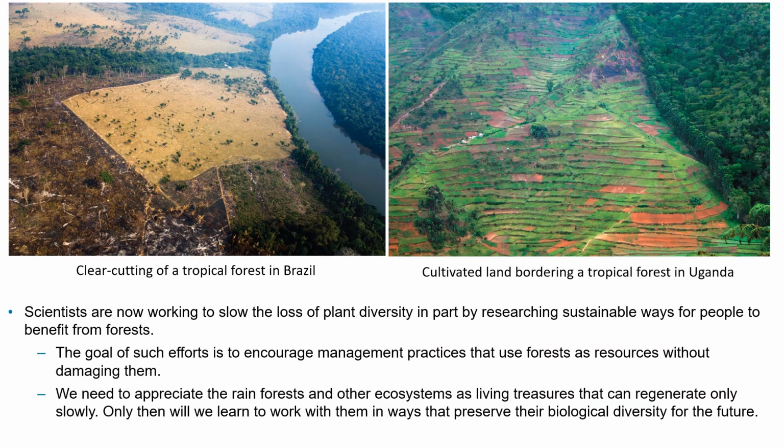And so scientists are working on a way to slow the loss of plant diversity by helping to research how to do farming in a sustainable way that will help both people and the forest together.